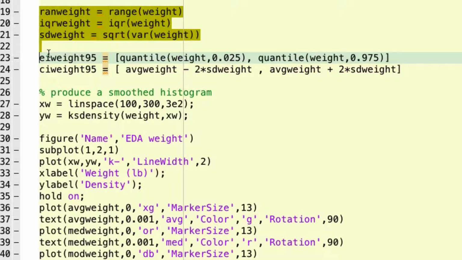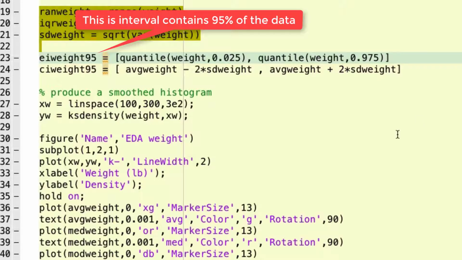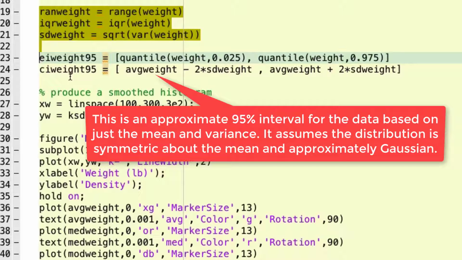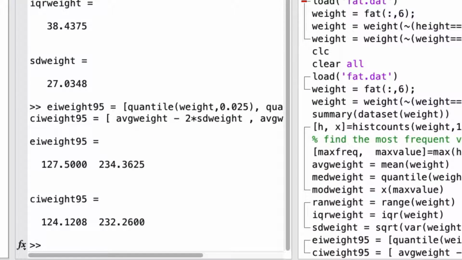So I can calculate the empirical interval for the weight of size 95 as that range that has 95% of the observations in it, and I can calculate the confidence interval of weight of size 95 as the average weight plus minus 2 times the standard deviation. So now I have a nice set of numerical summaries that I can report and combine with my graphical summaries to understand the shape of the data.